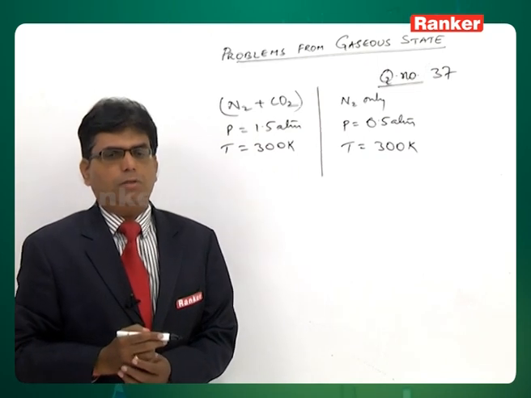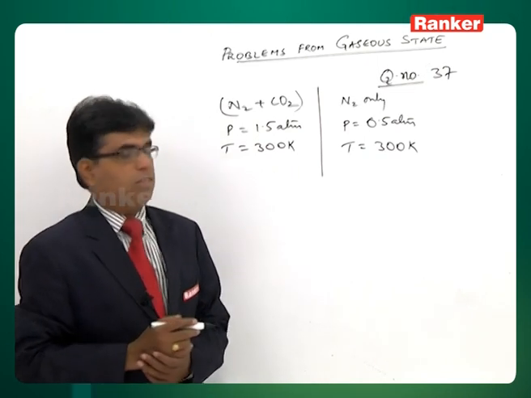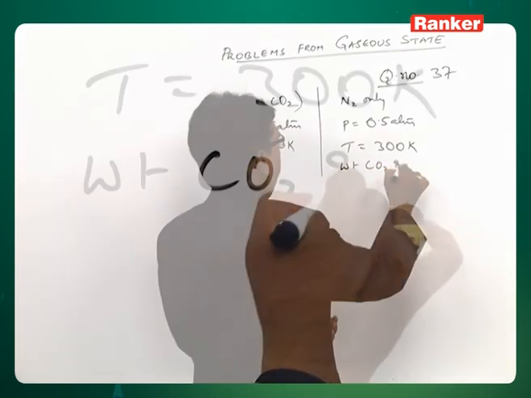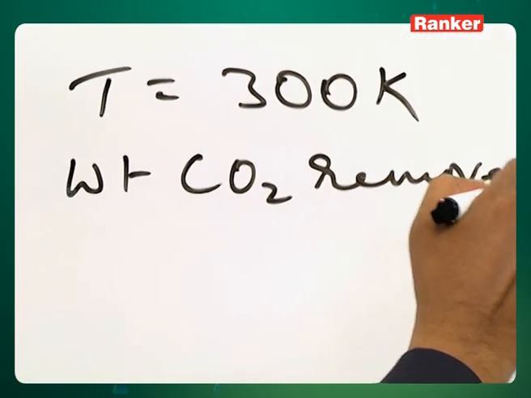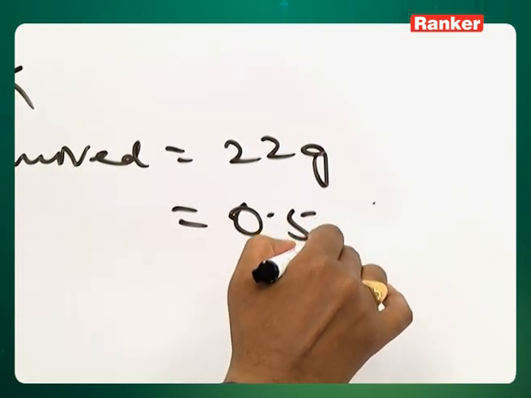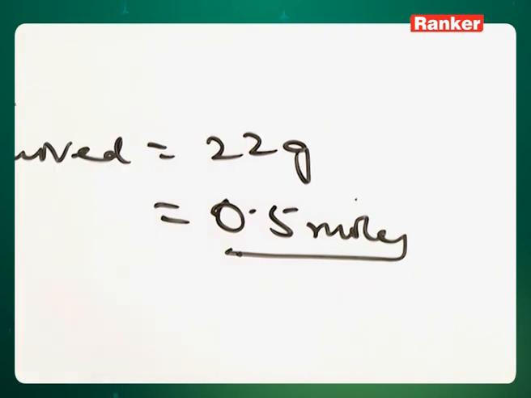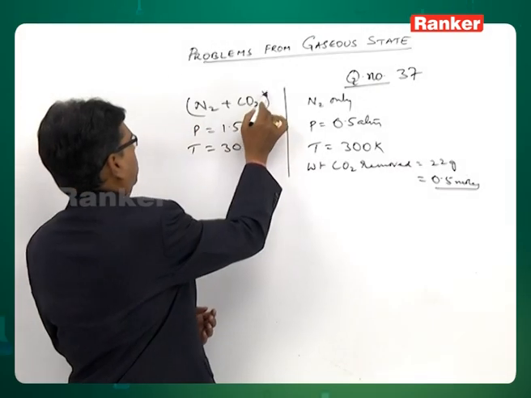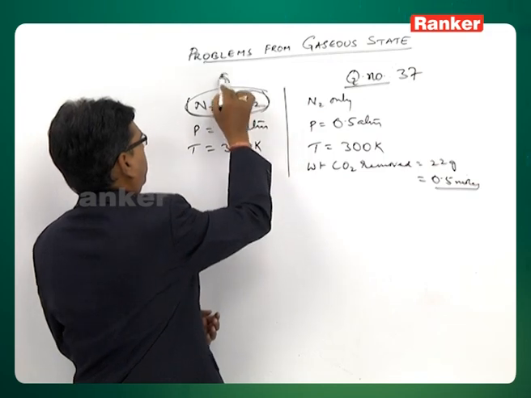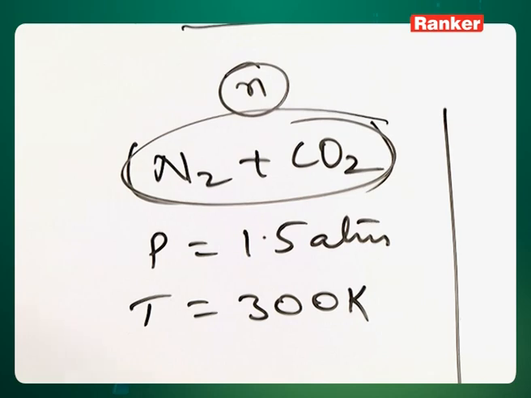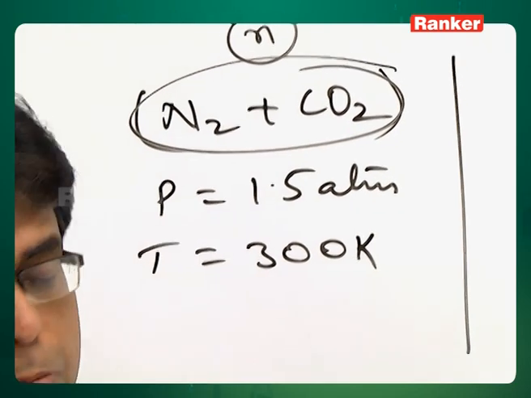Now the weight of the flask drops by 22. So, the weight of carbon dioxide removed is 22 grams, that means it is 0.5 moles. So initially, suppose the total number of moles is N. Here temperature is constant and volume is constant.